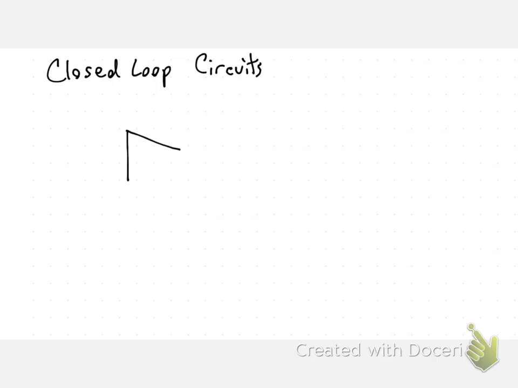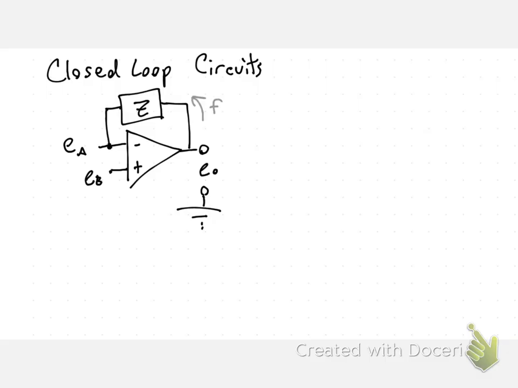So a closed loop circuit is one where our output voltage is still going to be a function of the difference between our input voltages, but the loop is closed in that we have some sort of feedback, possibly with an impedance Z, that kind of works as a pressure equalizer.